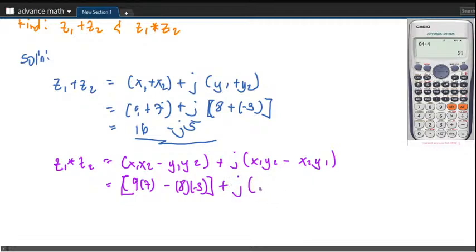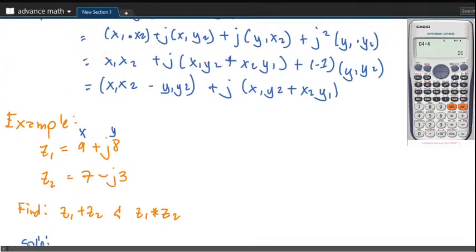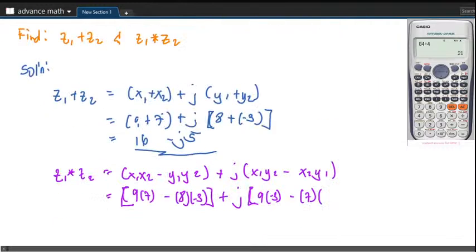Our x sub 1 is 9 times y sub 2, which will be negative 3, minus our x sub 2, which is 7 times, is it minus, okay, so plus. This is plus per the formula. Then our y sub 1 is 8.